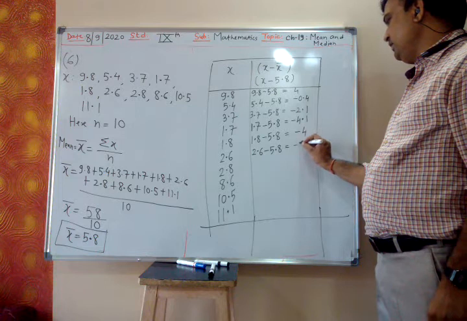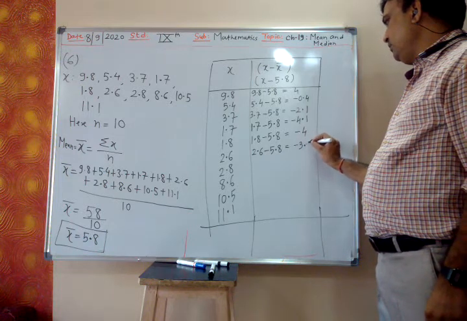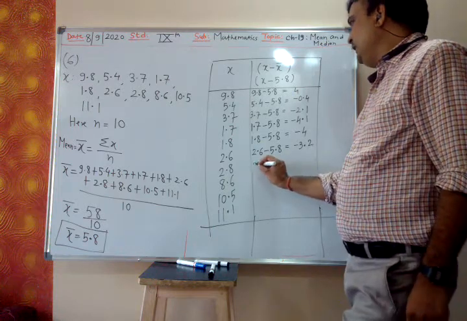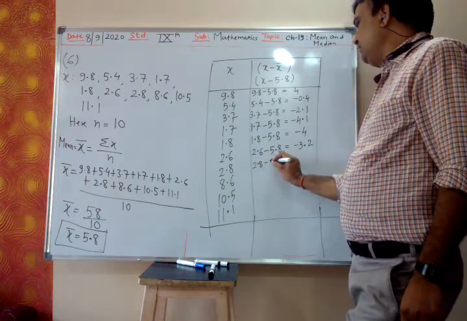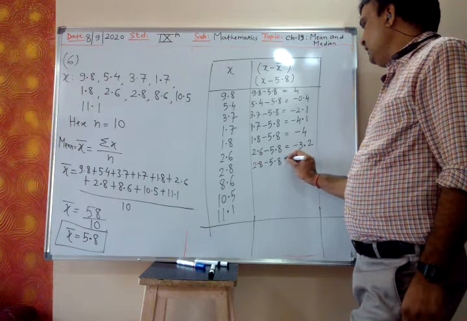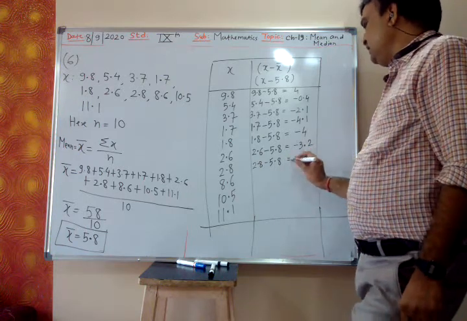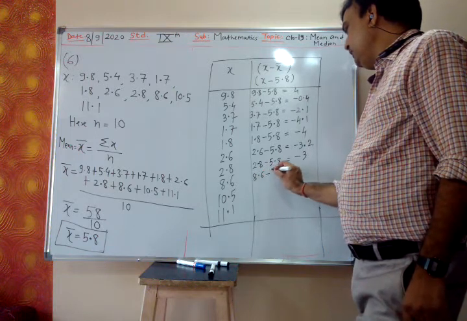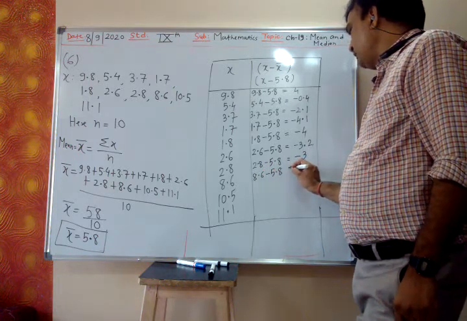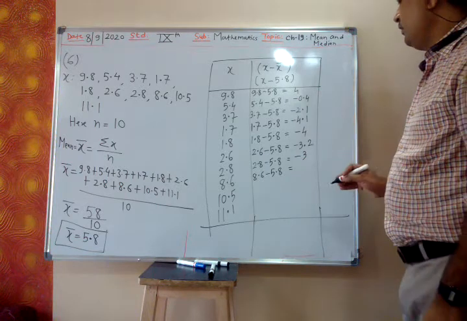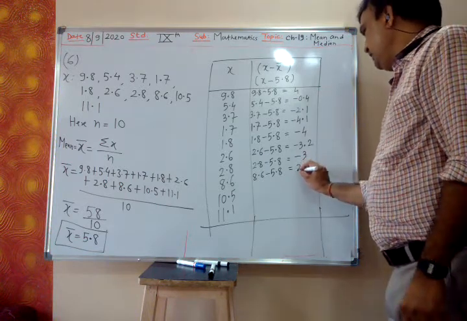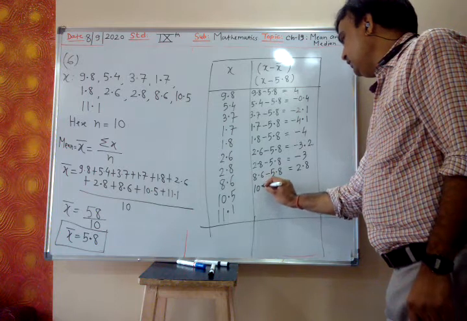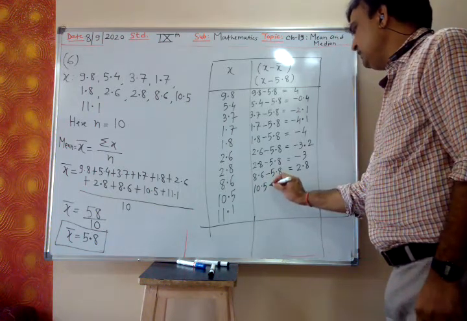Minus 3.2. Then 2.8 minus 5.8 will be minus 3. Then 8.6 minus 5.8 is 2.8.